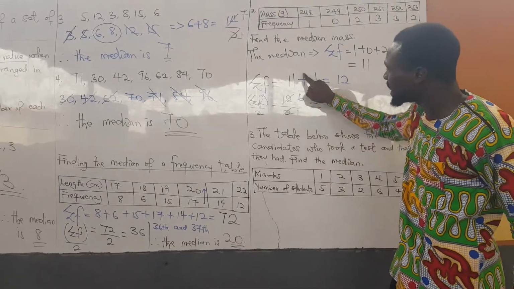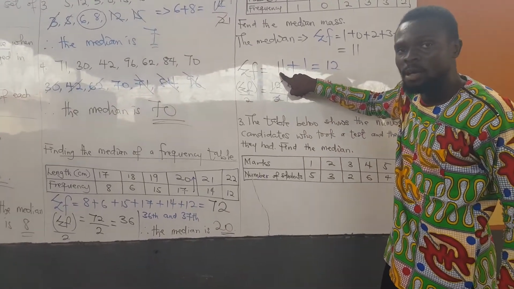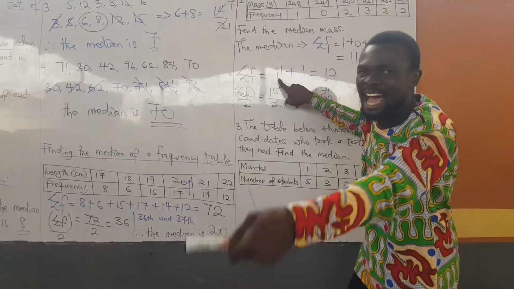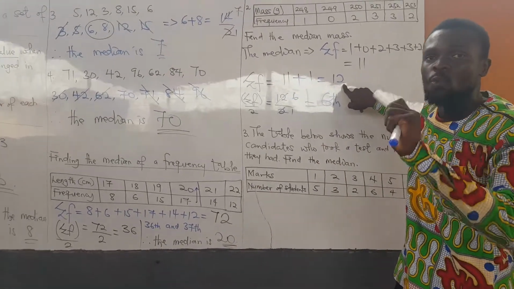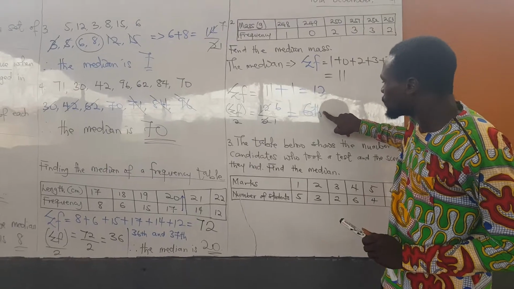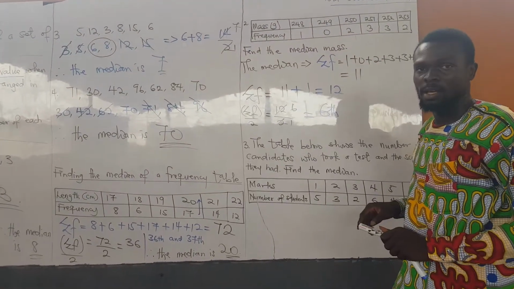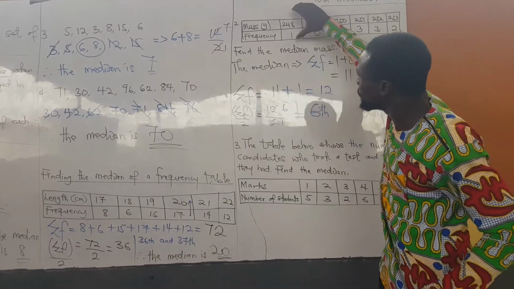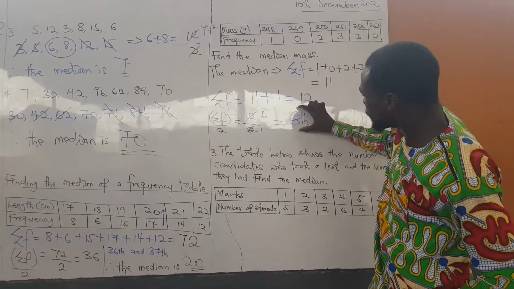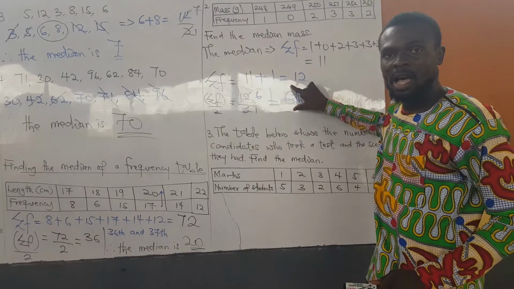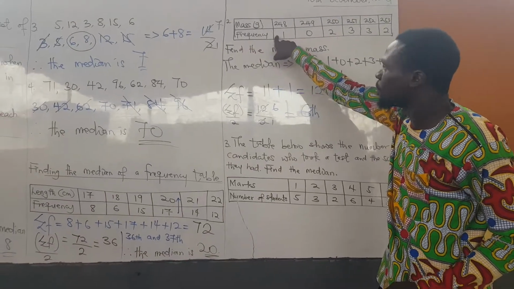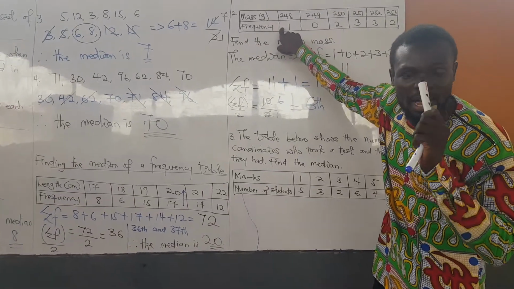So because we added 1 to the frequency, which was odd, and now we have an even number, we are not going to look for the next item. Therefore, we'll just go straight to the table and look for the 6th item, starting from the first number at the frequency.